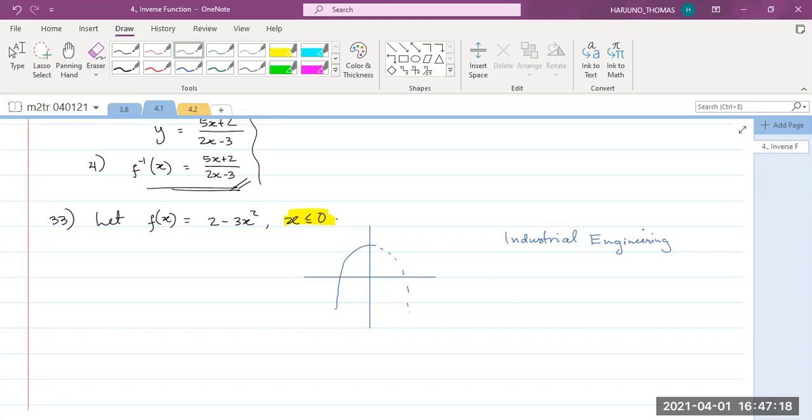But then in the last 10, even 20 years, industrial engineering, or what we call operational research, is very, very well developed in China and in Korea, especially China.